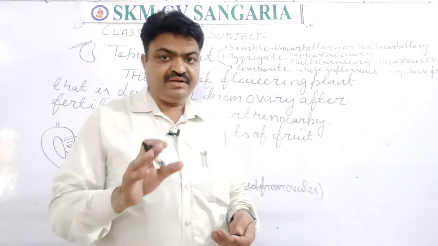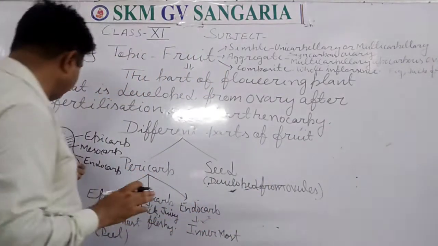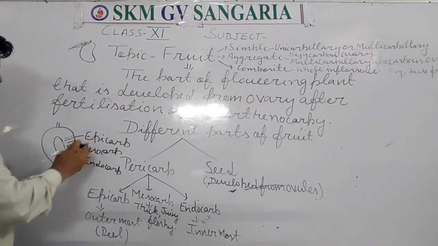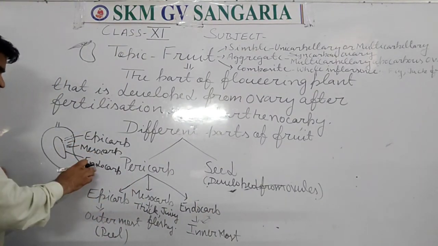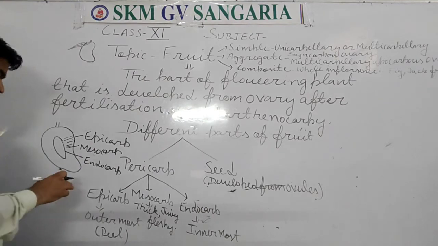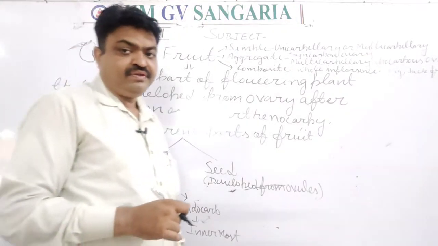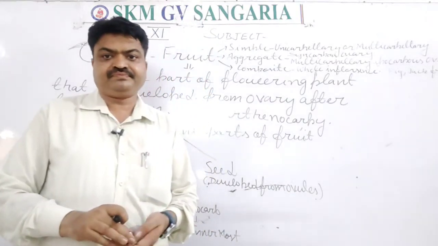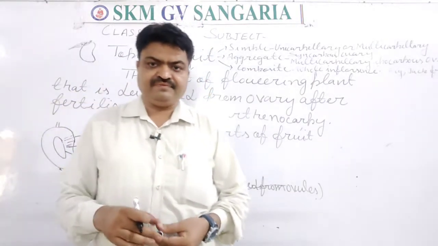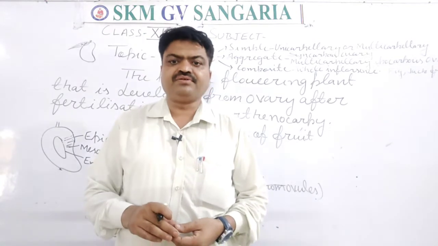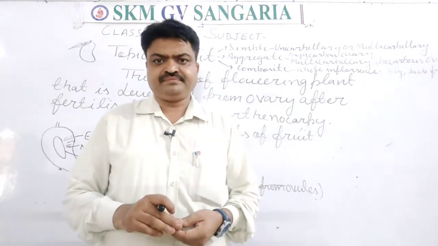So there are three parts: first is epicarp, second is mesocarp, third is endocarp. Now, after the endocarp, there is one important part found inside the fruit, and that part is known as seed, students.